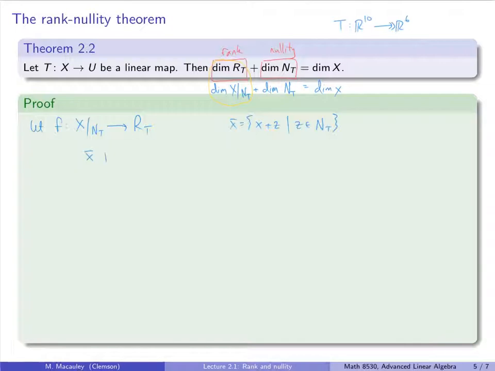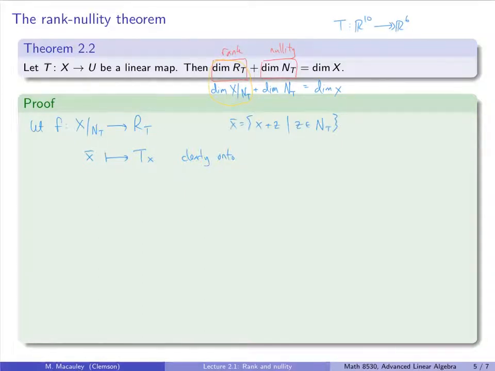Let's map it to something in the range, so let's say Tx. Now, this is clearly onto, because anything in the range has the form Tx, and this is what the preimage is. So this is clearly onto.